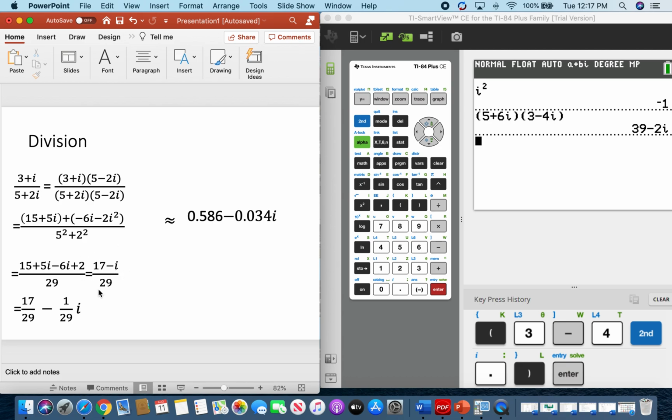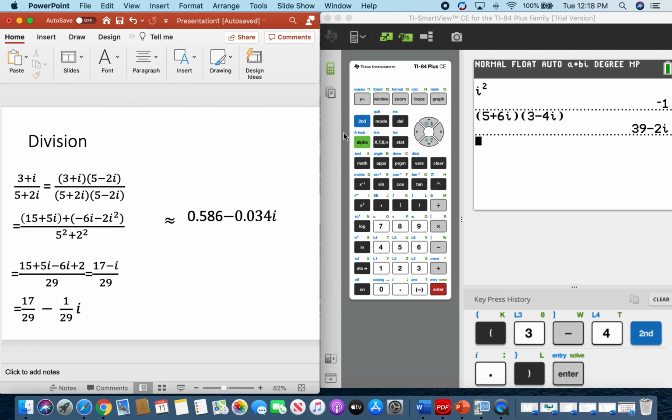So we can separate the fractions as 17 over 29 minus 1 over 29i. Or if you're going to use decimals, you can divide this using your calculator, and you should be able to get this.